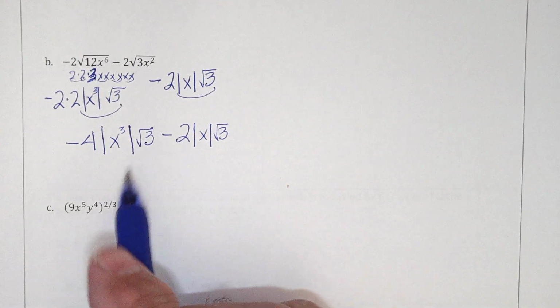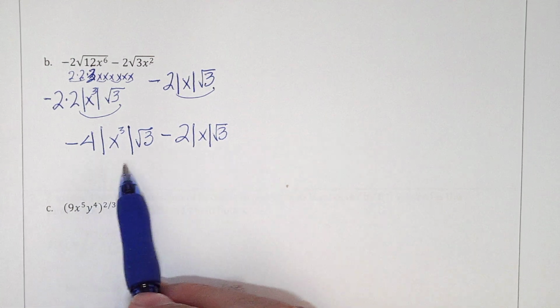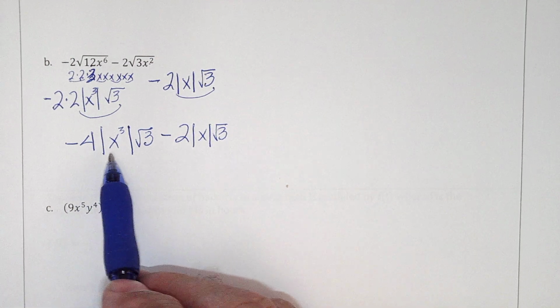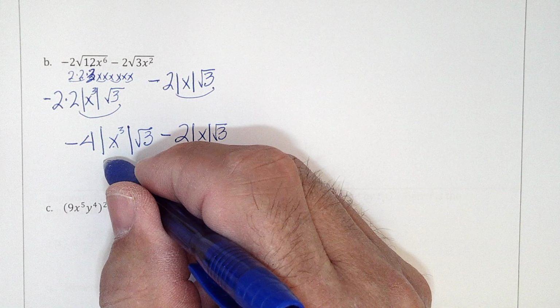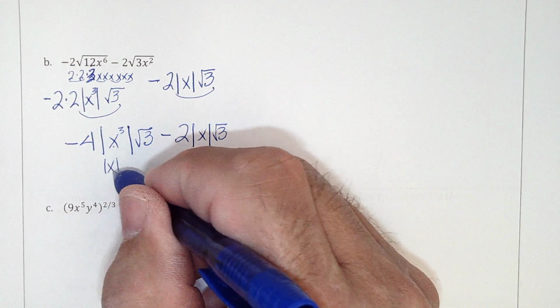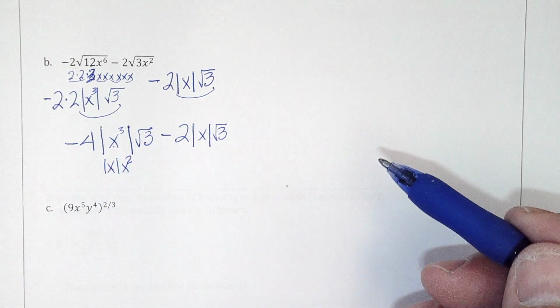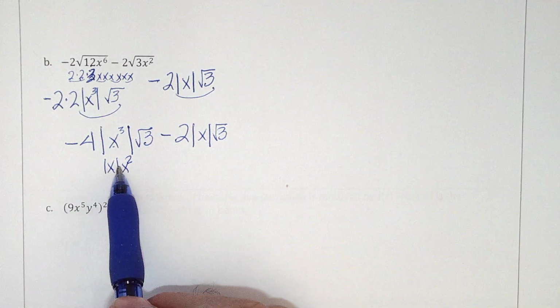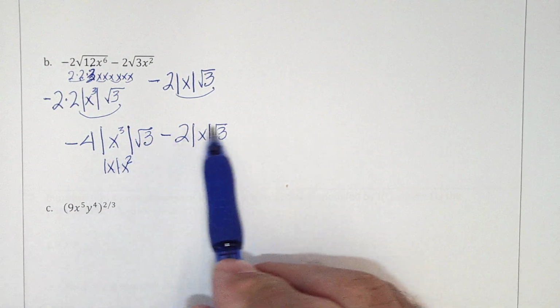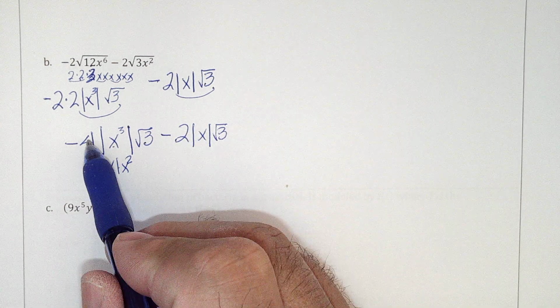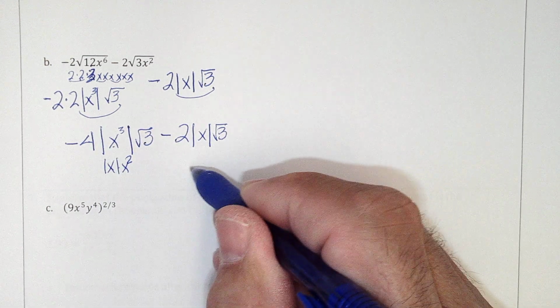If there is something I could do, you don't have to do this. This could be absolute value of x times x squared. This would always be positive, and that would make it positive. So there's an absolute value of x and a square root of 3 in both terms, and a -2. So I could factor that out.